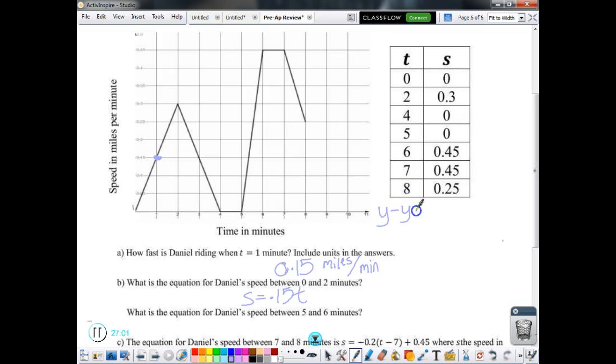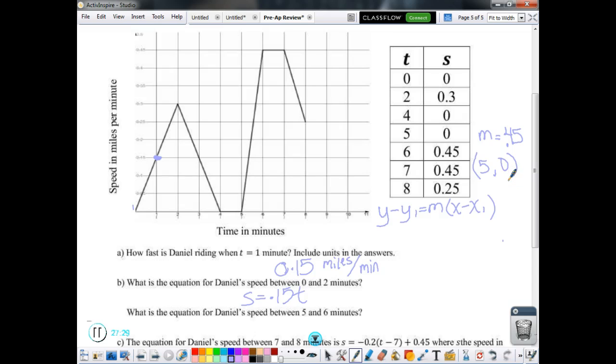Y minus y1 equals m times x minus x1. Right? You need a point and a slope. What's my slope? You had the slope right, 0.45, because it goes up 0.45 over 1. So that was right. Now you just need a point. Let's do 5, 0.